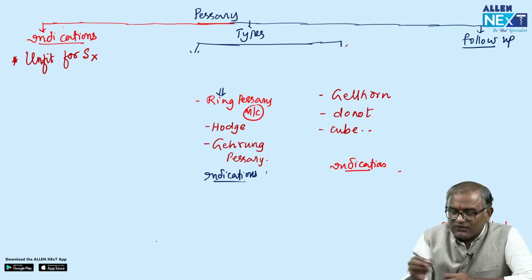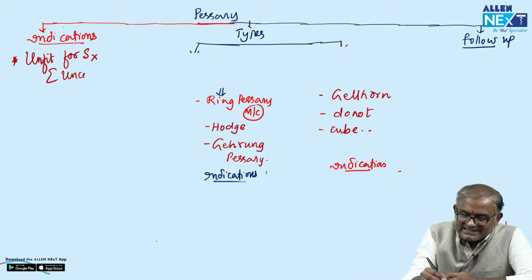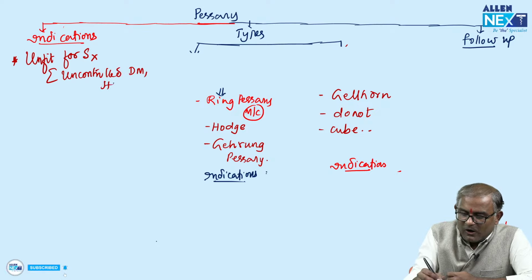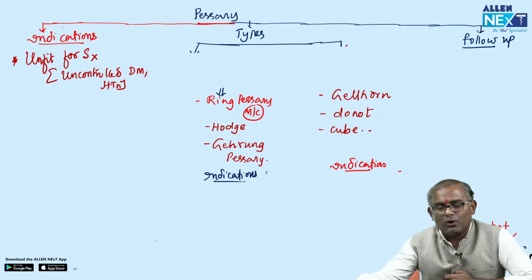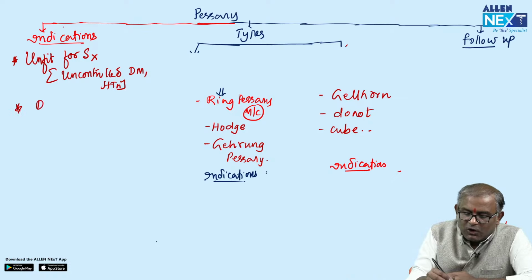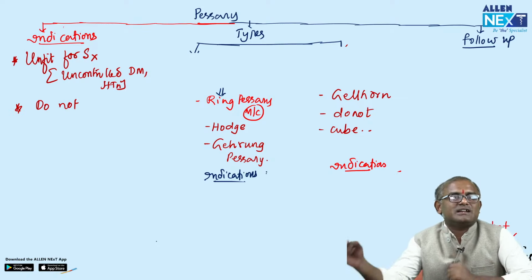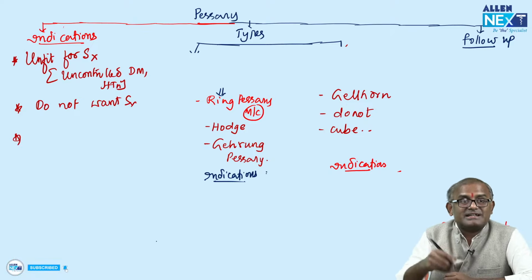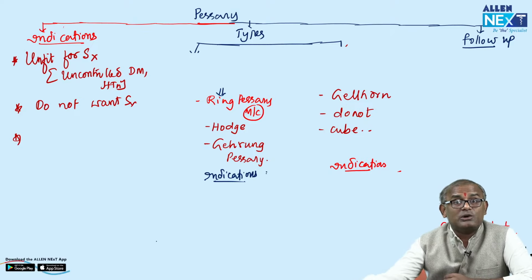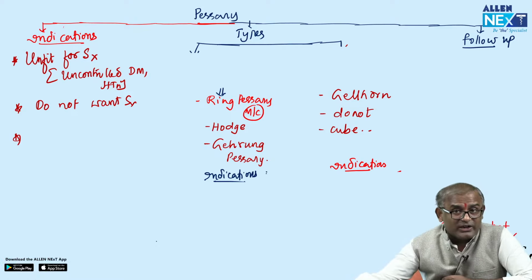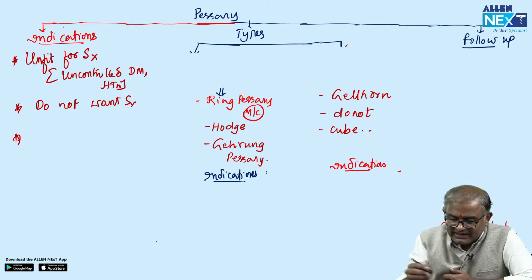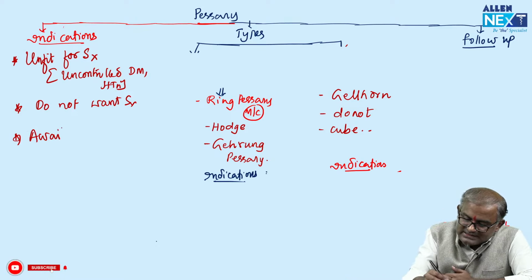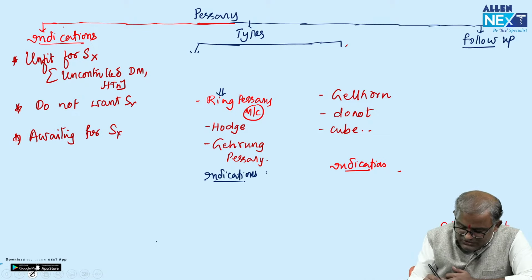So what are all the indications for pessary? That is unfit for surgery. Unfit means if there is uncontrolled diabetes or hypertension, definitely we will go for pessary. Then do not want surgery. Patient is not interested in surgery. Or patient is avoiding surgery. If there is uncontrolled diabetes, she is put on insulin so that the sugar value comes back to normal. That is avoiding surgery.